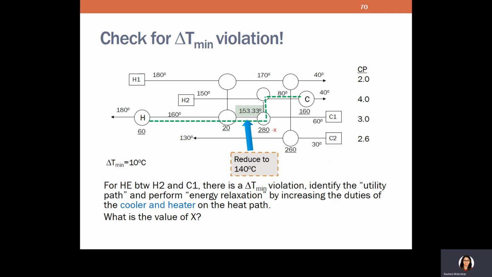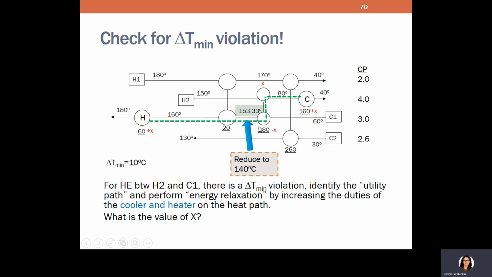So negative X, positive X. It means whenever we reduce the value of X, the heat duty for the heat exchanger has to be balanced by your utilities. If you subtract, you will add plus X value of the heat duty here. So it's up to you. You can also write plus X minus. So when you calculate the values, you just add them in there.